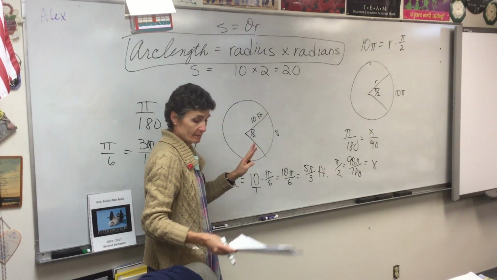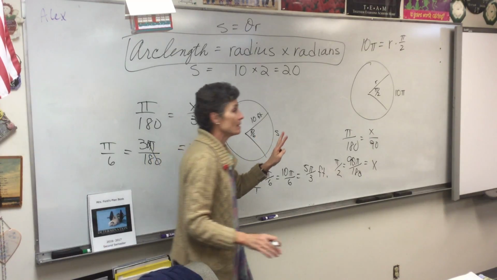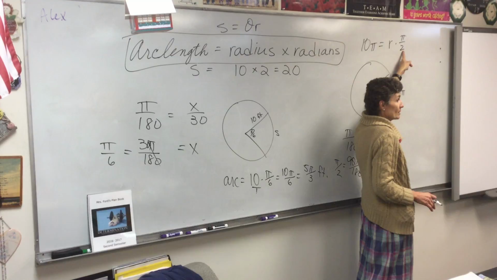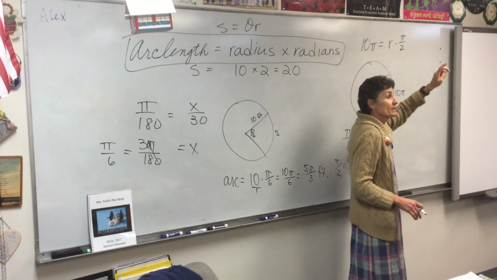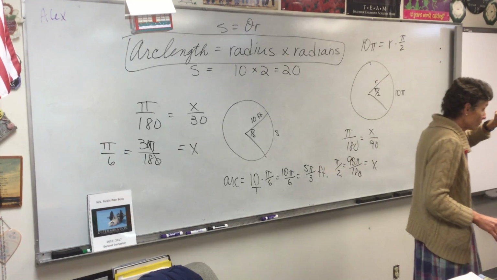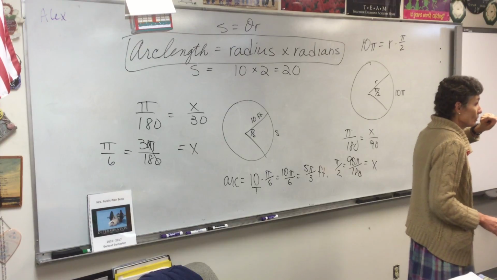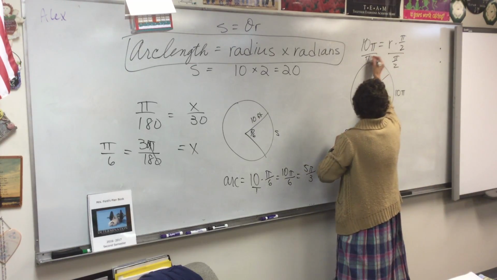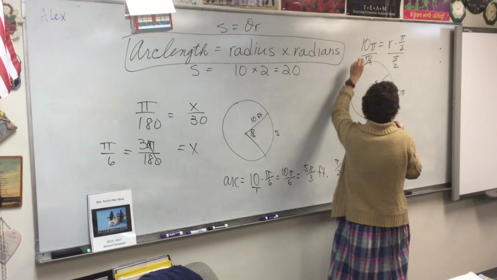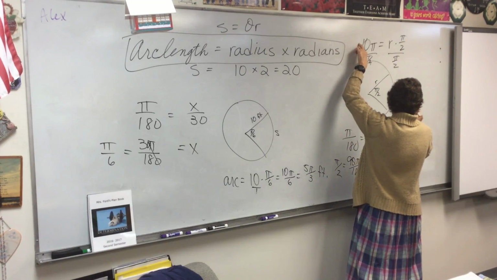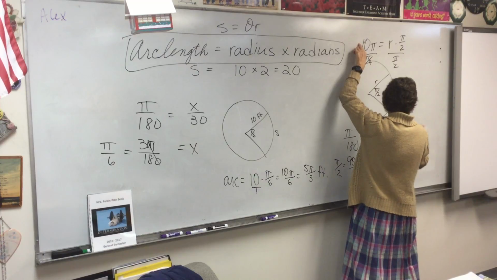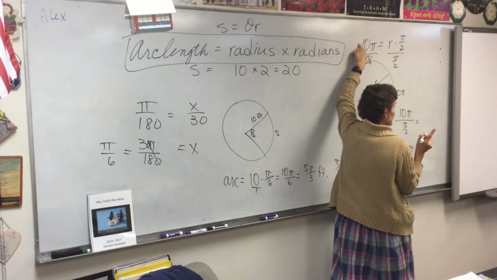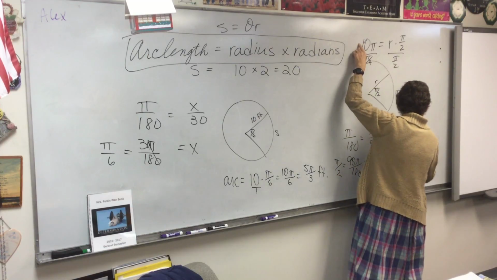Now don't panic. You know how to deal with this. We need to get rid of this guy, right? So you might say I'm going to divide by pi over 2, which is fine. But what happens when we divide by a fraction? 10 pi divided by pi over 2 is the same as 10 pi times 2 over pi.